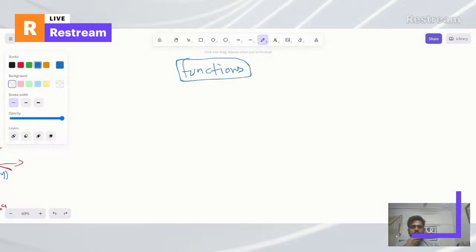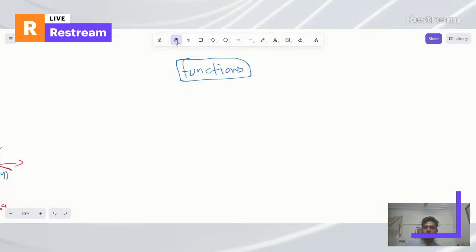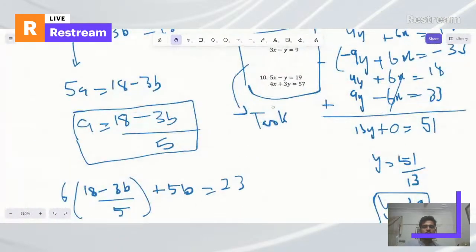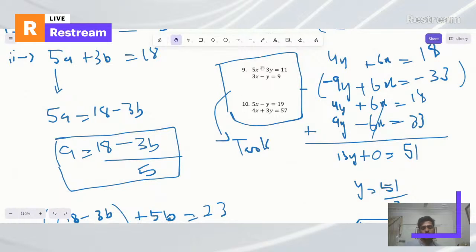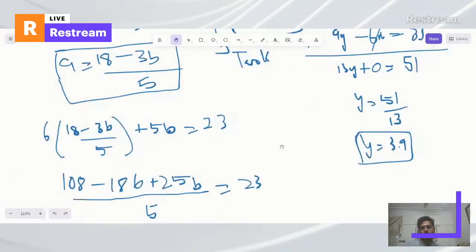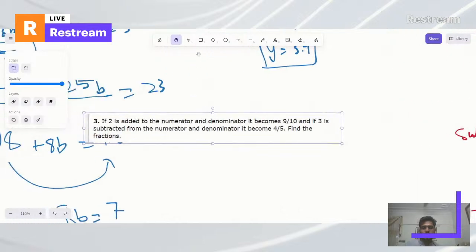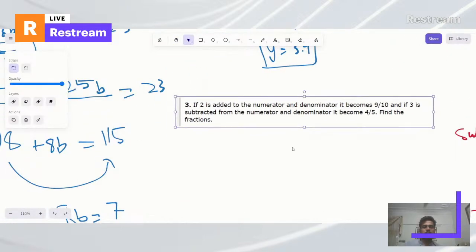I'm just going to give you some of the questions, so that you can practice them at home. So let's do this one. These two are going to be your equation task for Monday, and this one right here is going to be the word problem task.